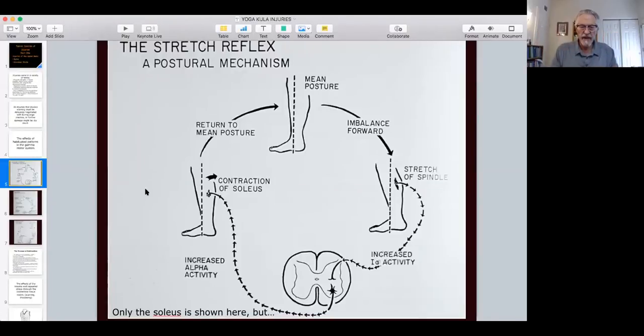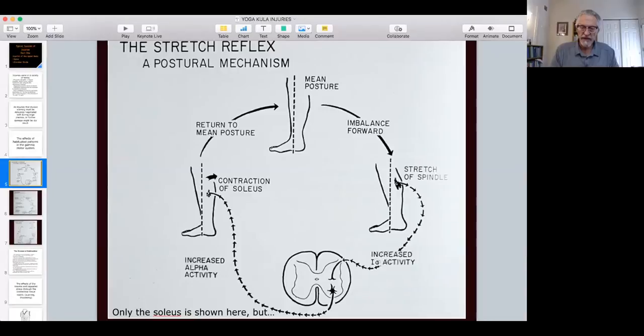Here I have the mean posture that I've developed in that infancy and early childhood process of learning to stand. If my body weight leans forward to the point of challenging my erect posture and threatening a fall, the stretch reflex of those muscle spindles who have provided the ongoing habituated pattern of being able to stand successfully, those muscle spindles become stretched past the point of safety.